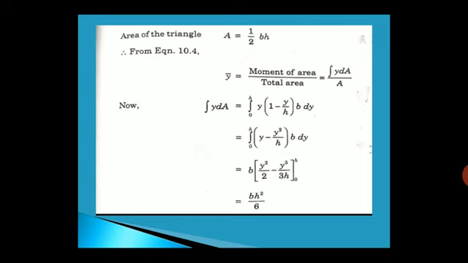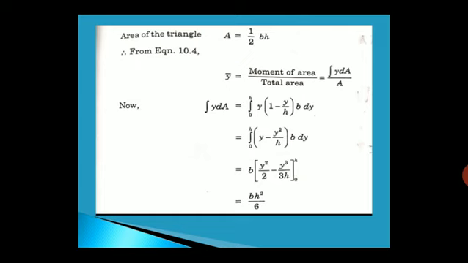As we have taken the strip horizontal, the limits will be from 0 to h. So substituting the value of dA, y into dA, and integrating it, you know integration better, we get the answer as bh square by 6. So integration of y into dA comes out to be bh square by 6.